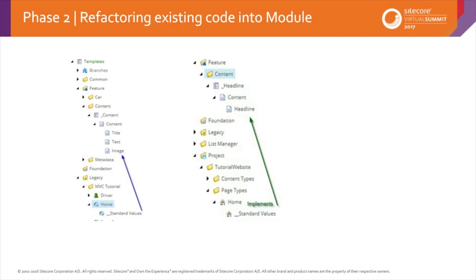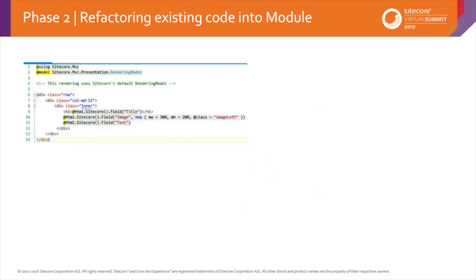This means that the content from the old home, the dollar name actually, is kept. I then moved the rendering into the correct location in Sitecore.